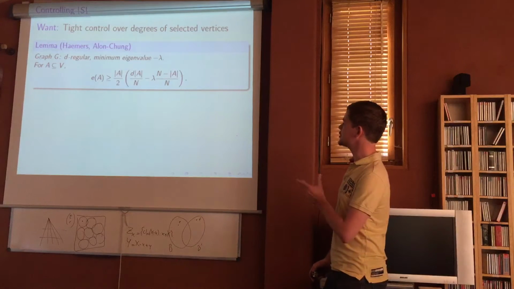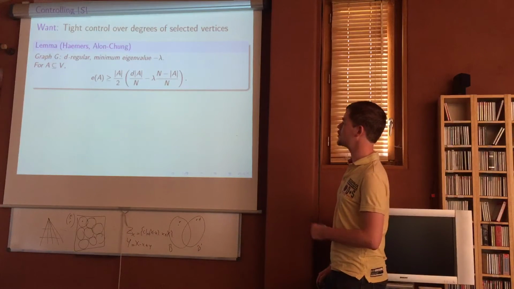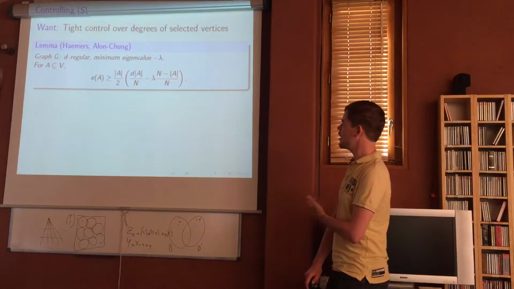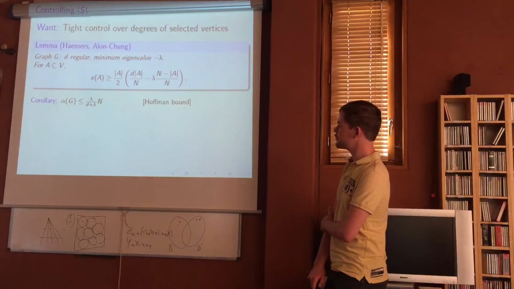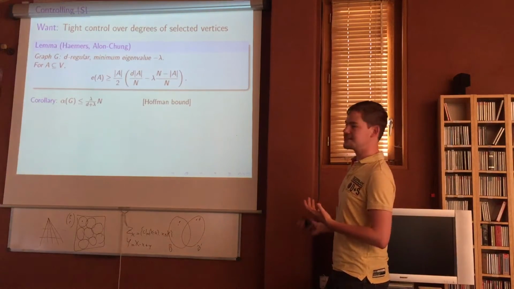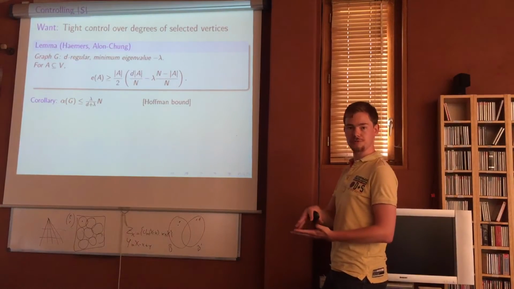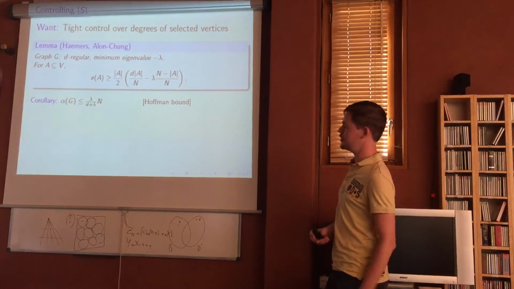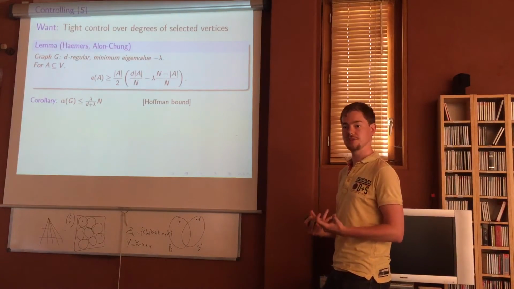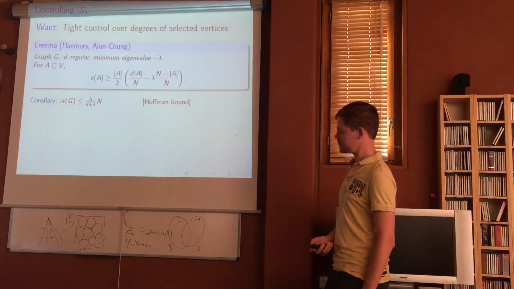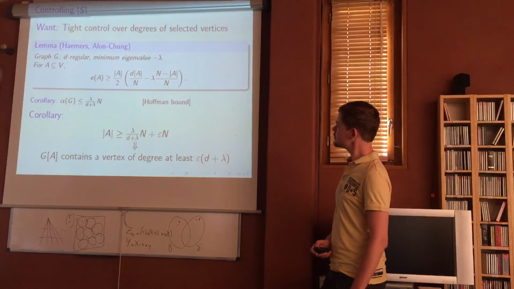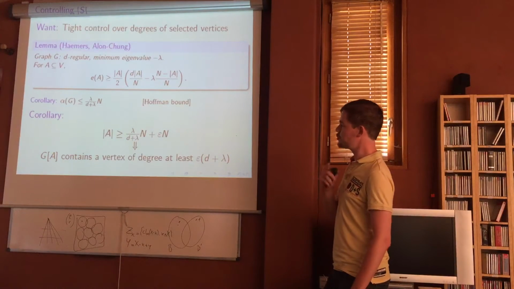So we do not care too much about the exact form. What we care about mainly is two corollaries. The first one is, if the set A contains more vertices than the Hoffman bound, then there has to be an edge. So this proves the Hoffman bound. And this is the corollary that we are interested in.